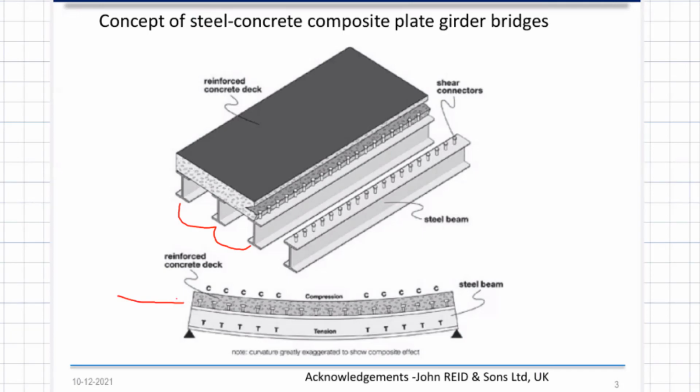You can see this figure. You can see I have steel. Normally the concrete will be under compression and the steel will be under tension. Not necessarily, right?